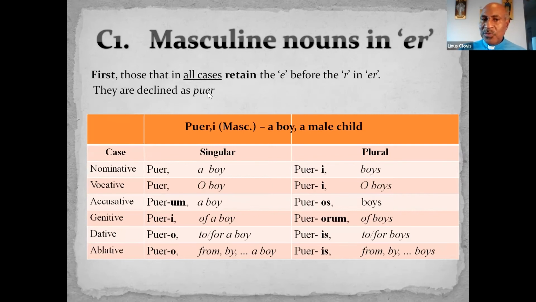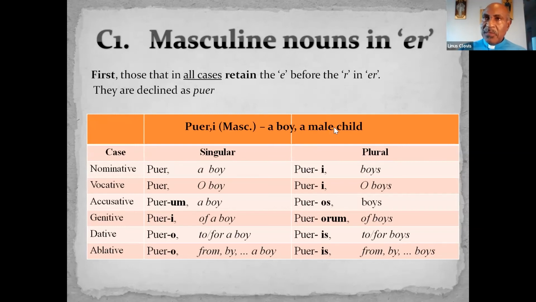There's two vowels, so it's two syllables. Puer. Now, puer, from which we get the English word puerile, means a boy or a male child. It could be a baby, it could be a toddler, up to 10, 12.